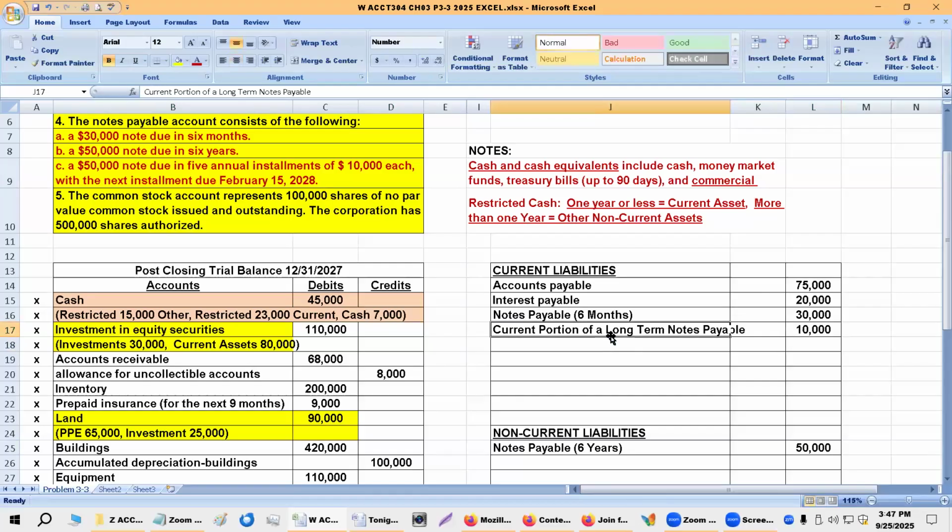And the rest will be notes payable, 5 years. You would actually, in the notes of the financial statement, have the installment. Oh, did that wrong. Let's try that again. All right, so that would be 40,000 left of that.